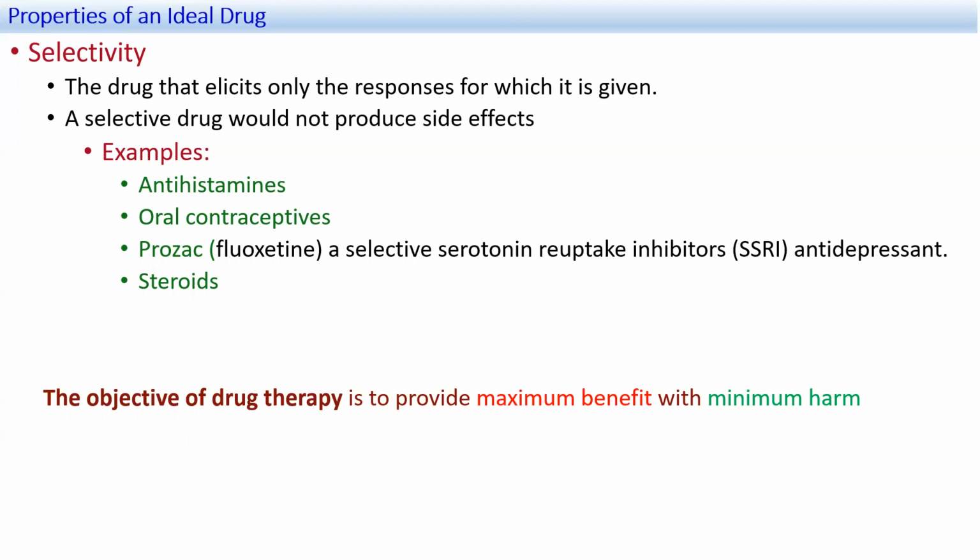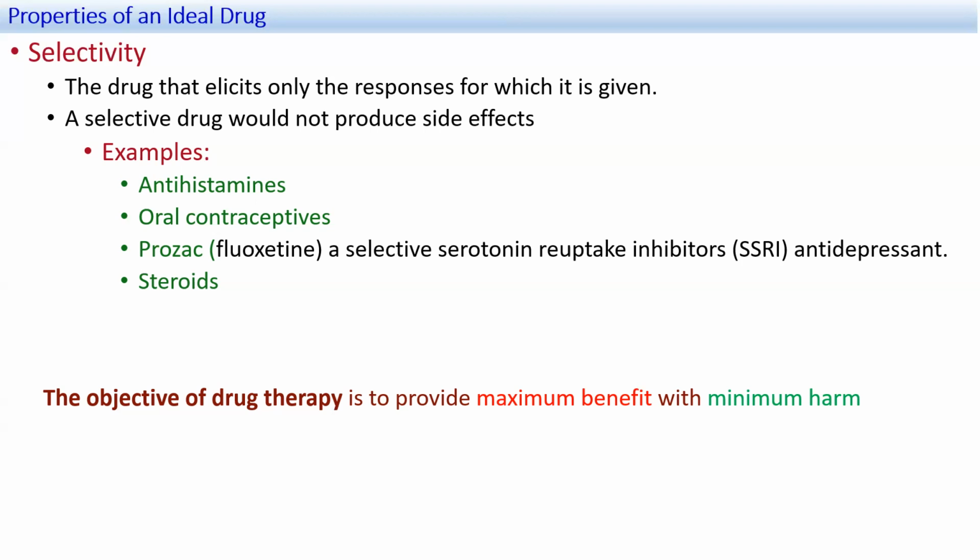Selectivity: a selective drug elicits only the responses for which it is given. If we anticipate that a drug is only going to decrease blood pressure, given to treat a patient's hypertension, then our goal is for it to have an effect on blood pressure only. It will lower and control the blood pressure with no other adverse reactions, no effects on other systems or other elements of the same system.